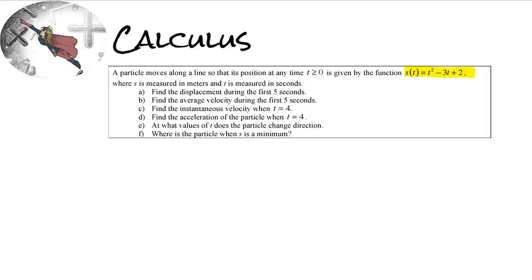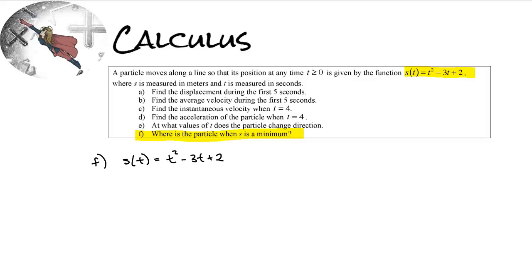And the last part of this question is asking, where is the particle when S is a minimum? So when the position is a minimum, they want to know where the particle is located. Well, here's our S of t. It was the equation t squared minus 3t plus 2.